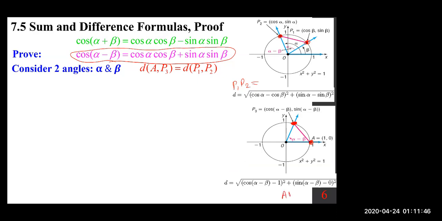A P sub 3. This is the distance between the 2 points. What does it mean? Well, if we want to write the distance formula for that, the difference in the x coordinates, cosine of alpha minus beta minus 1 quantity squared, plus sine of alpha minus beta minus 0 quantity squared is the distance. The two are identical.